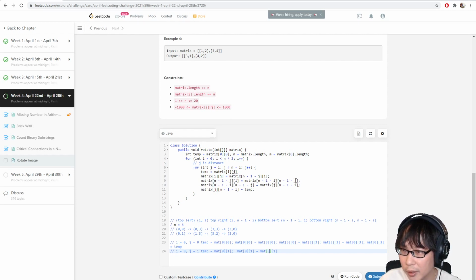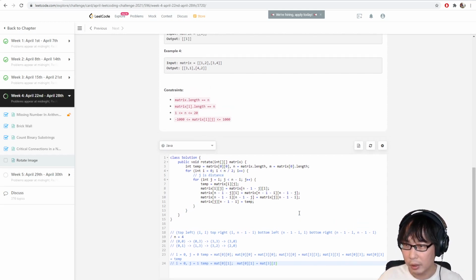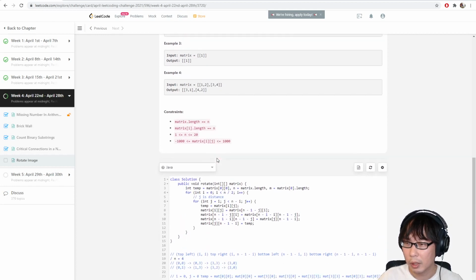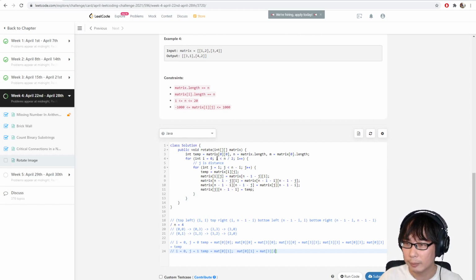So it's 4 minus 1 is 3, 3 minus 1 is 2, so this one is 2. Is that right? So matrix 0, 1, you put it into the temp, and then matrix 3, 2. Okay, it's completely wrong.